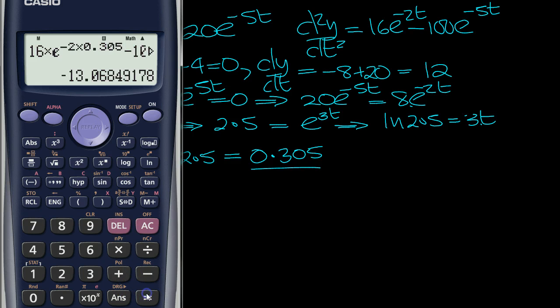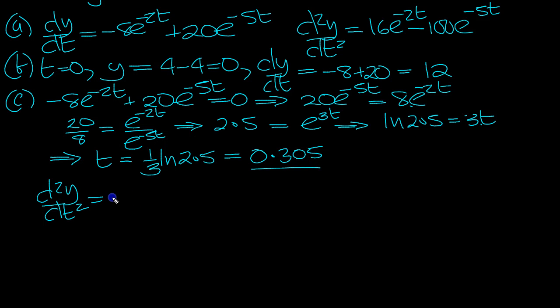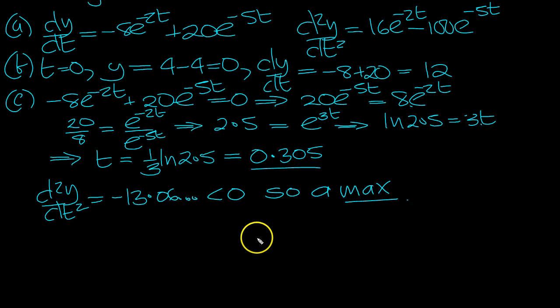Okay, so that's the value: negative 0.0606, which is less than 0, so when dy/dt is 0, the second derivative is negative, so a max. That's the bookwork, it's a maximum.